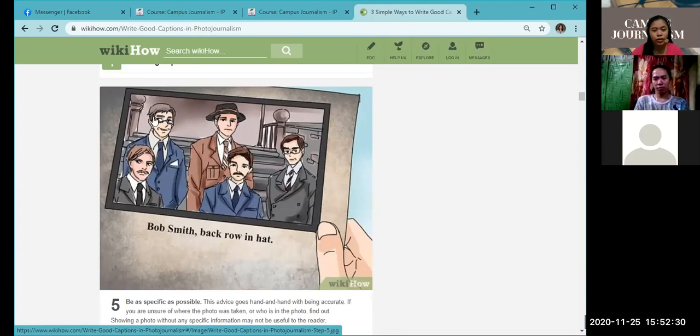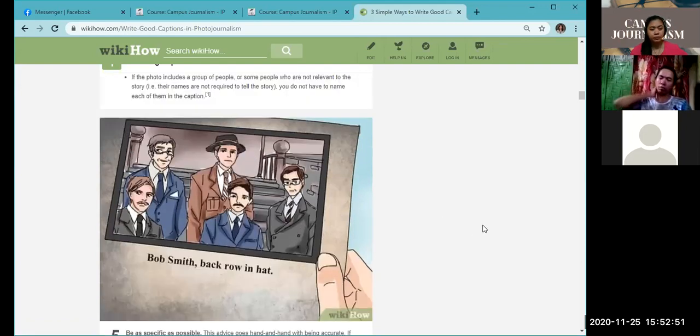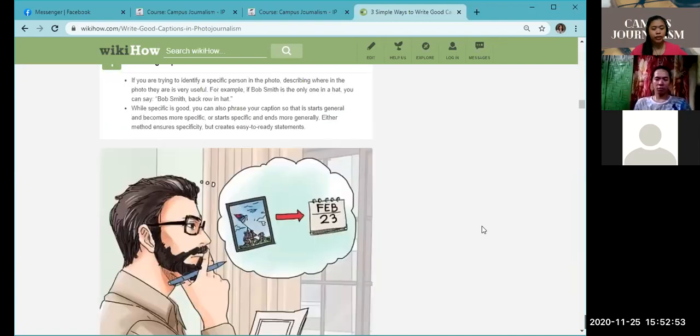So there is no other individual here in the picture with a hat but Bob Smith nga naa sa likod ana siya. Okay? And also it's very important, especially if daghan bitaw sa picture and you want to include the names of these people, like from left to right, you mention the names if you want to include them.